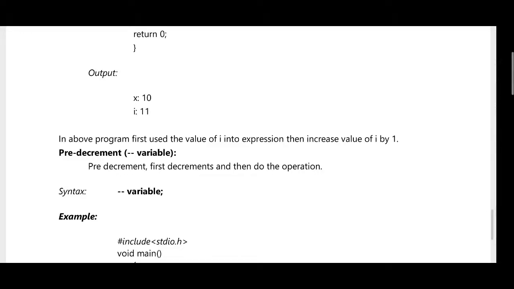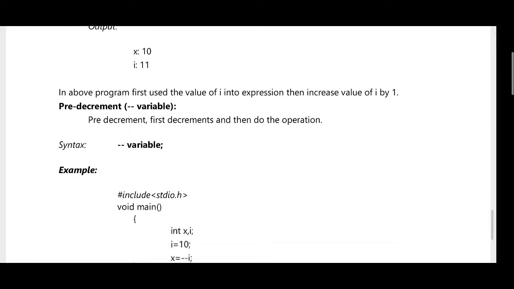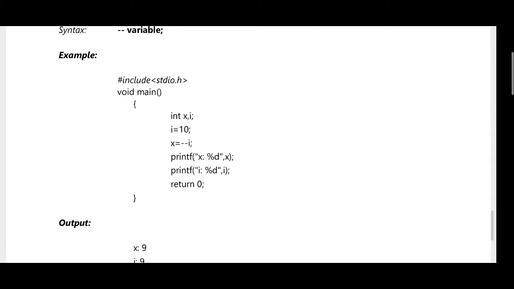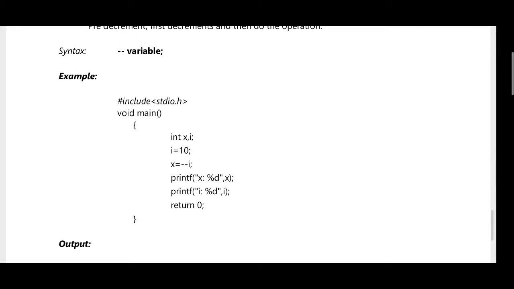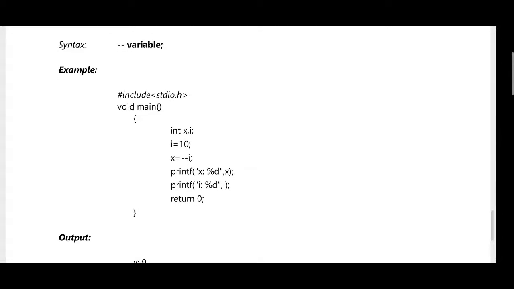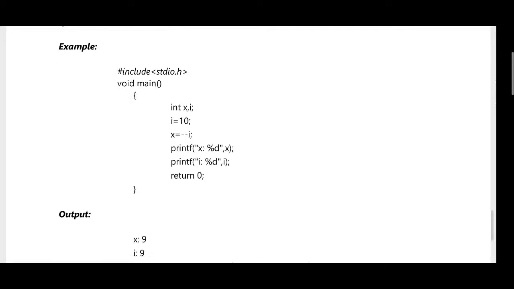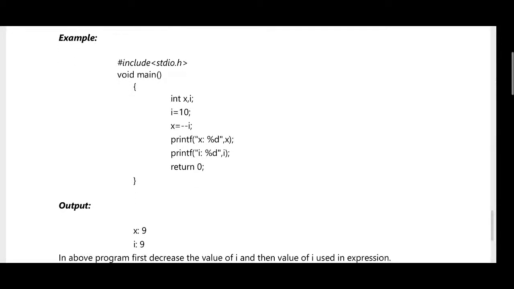Pre-decrement variable: pre-decrement first decrements and then does the operations. Here you see the i value is 10. Integers i, x; x = --i; printf x %d, printf i %d, return 0.